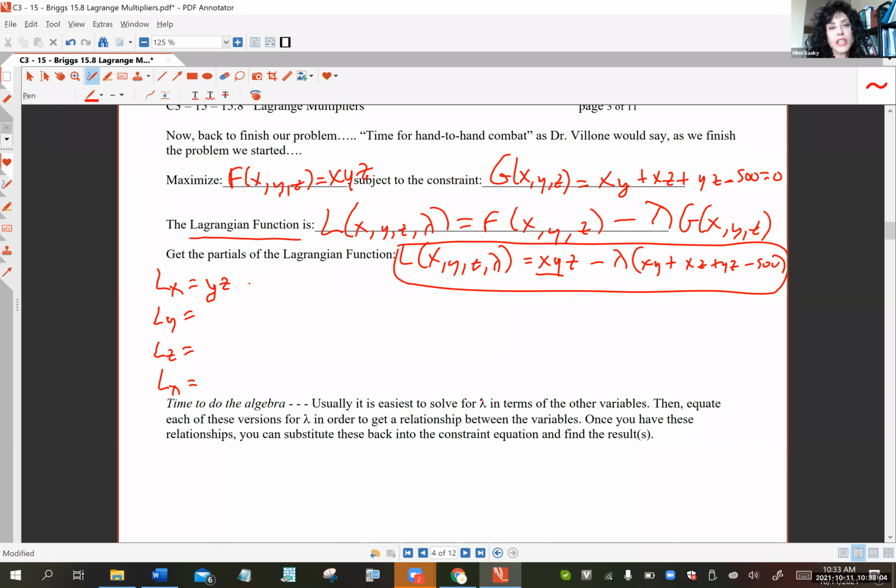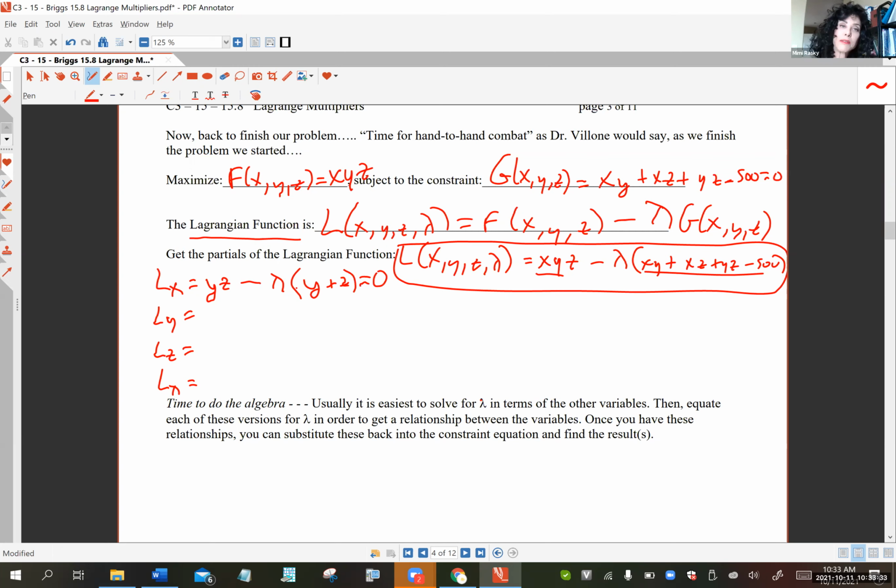And remember, when you're taking the partial with respect to x, you're holding y and z and lambda constant and taking the derivative with respect to x. So minus lambda, that's a constant, times what's inside parentheses, derivative with respect to x. And I get just y plus z. And we're going to set this first partial equal to 0. We're going to set all the partials equal to 0.